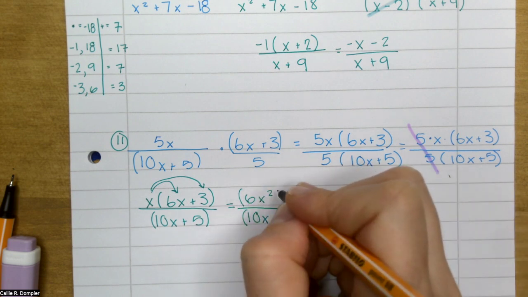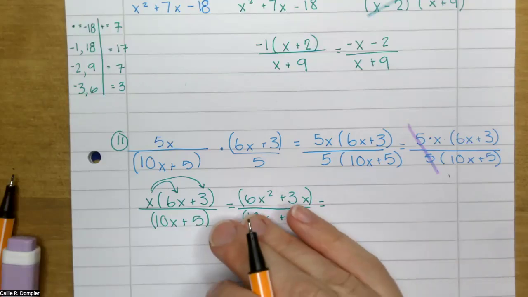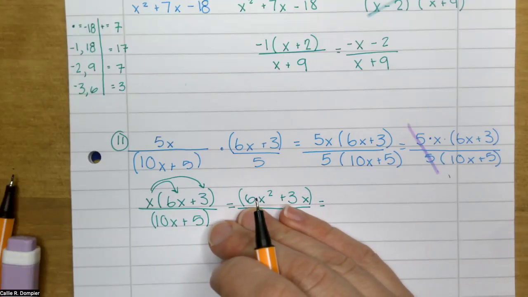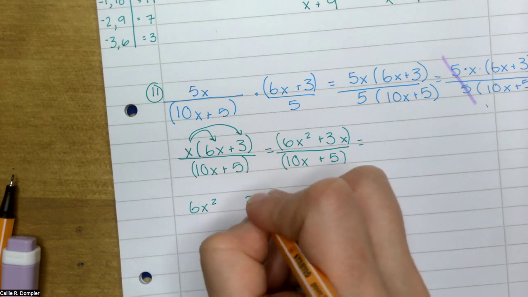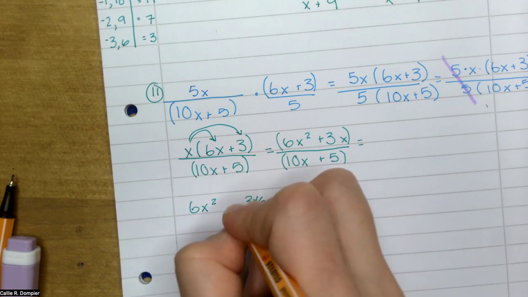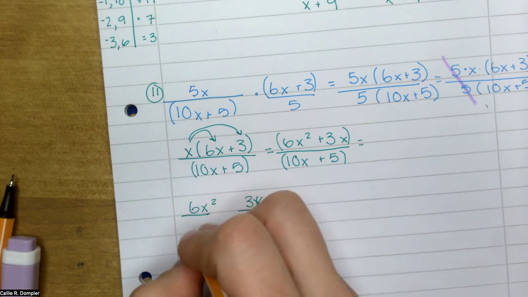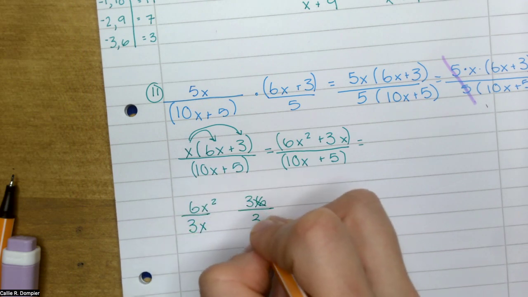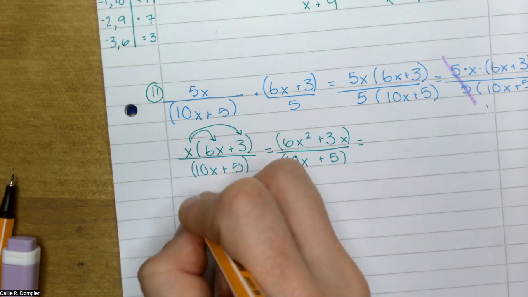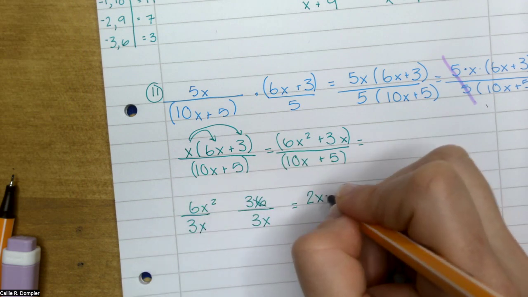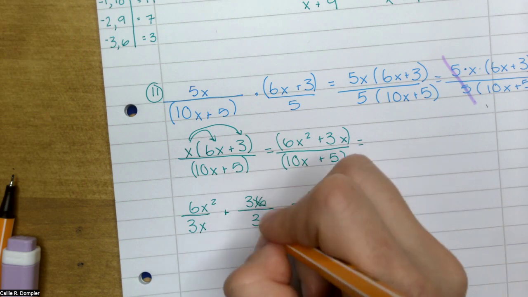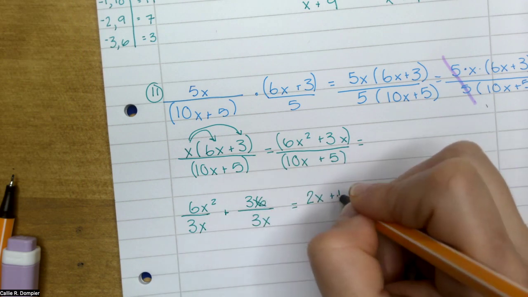But do look at 6x squared plus 3x and ask, what can I take out of 6x squared and 3x? I can divide them both by 3x, which would give me 6 divided by 3 is 2, x squared divided by x is x, so 2x. 3x divided by 3x is just 1.